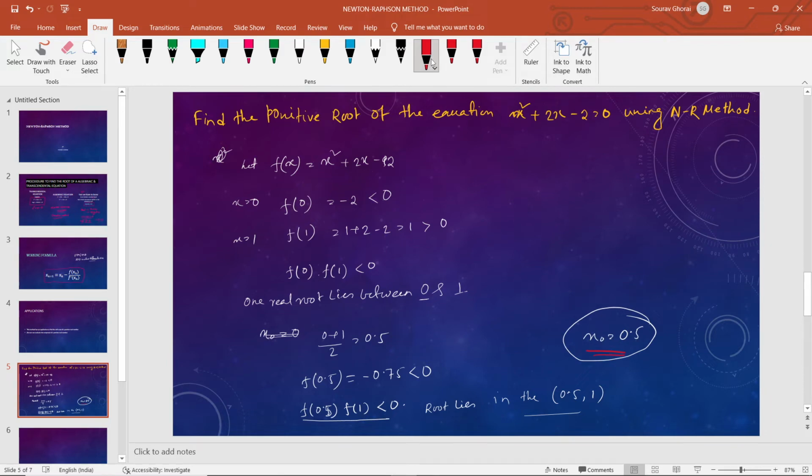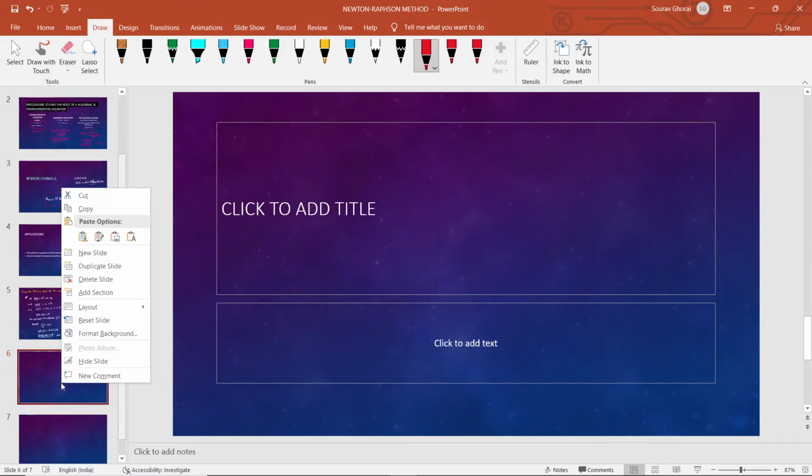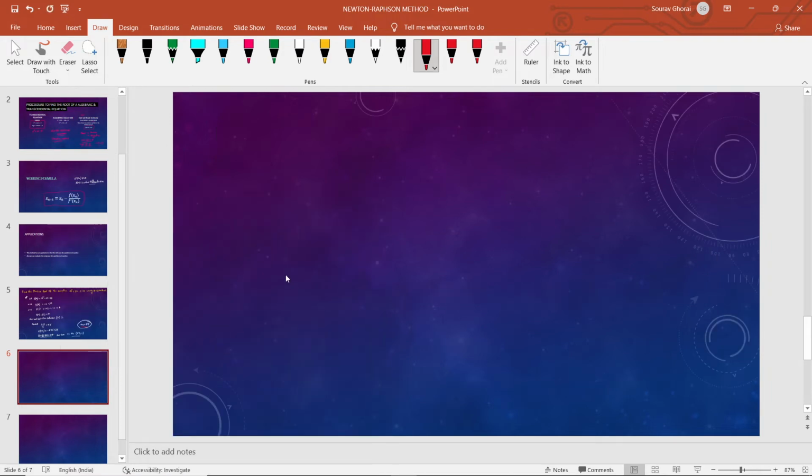Now if we apply the formula, x(n+1) is equal to xn minus f(xn) divided by f dash xn. If we put n equal to 0, we get x1 is equal to x0 minus f(x0) divided by f dash x0.